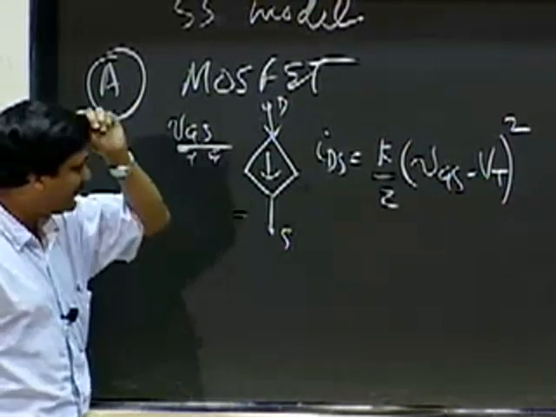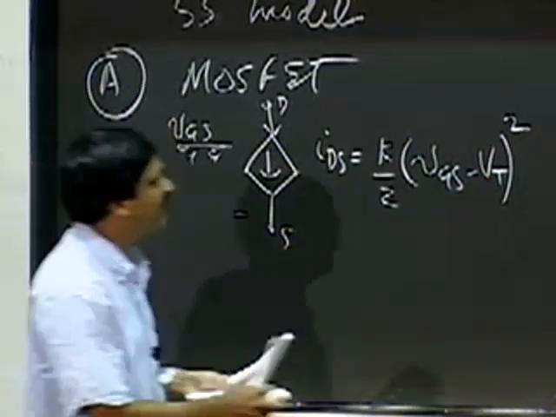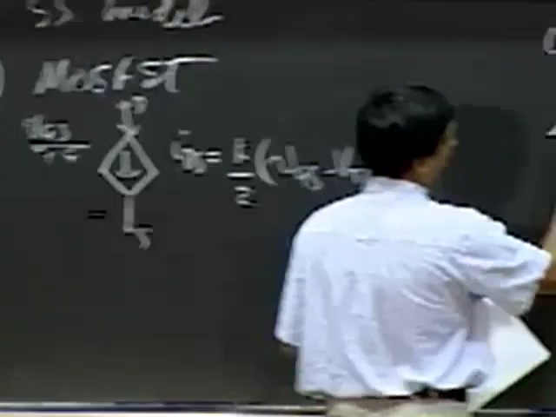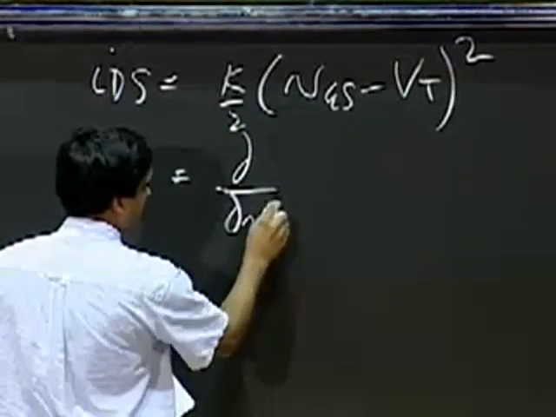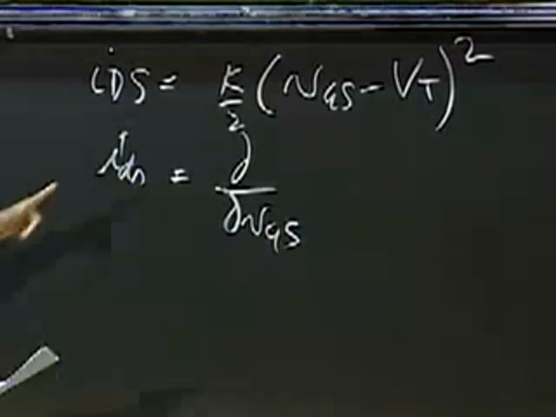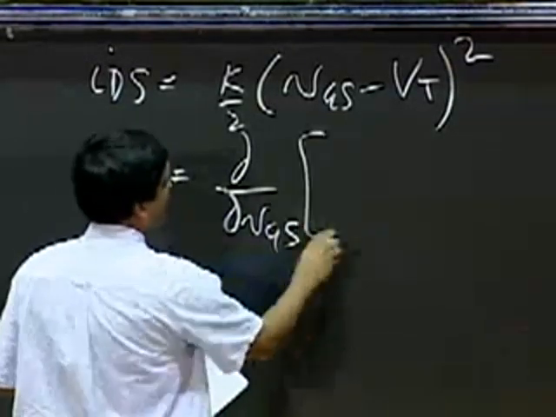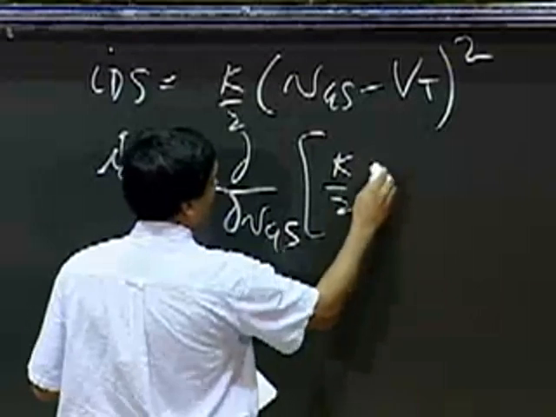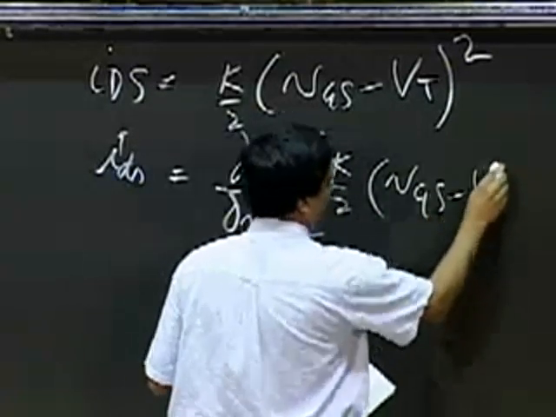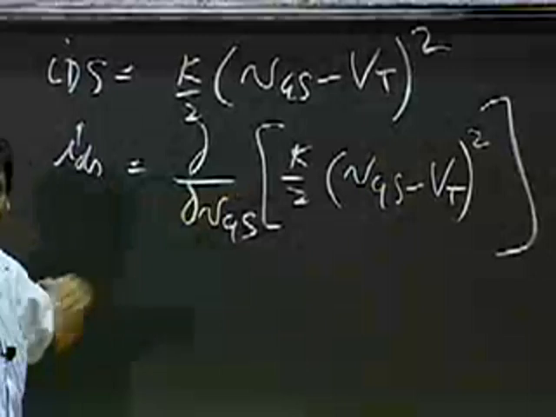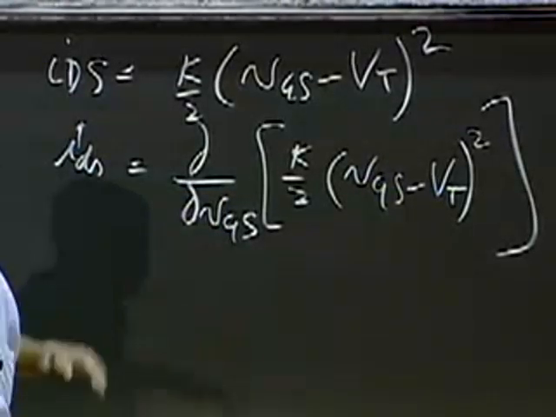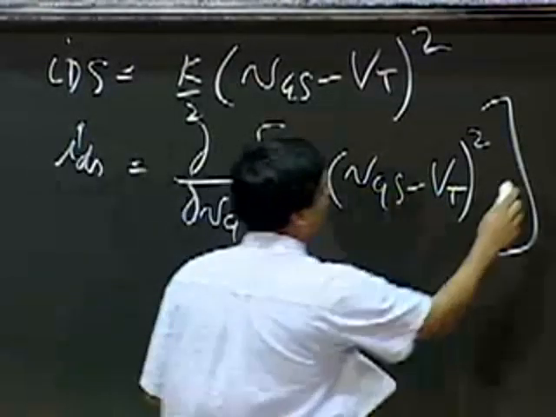I can apply my standard trick to a much simpler expression here. IDS is simply, I differentiate this function with respect to VGS. I don't completely eliminate the math here, but it's a much simpler problem.